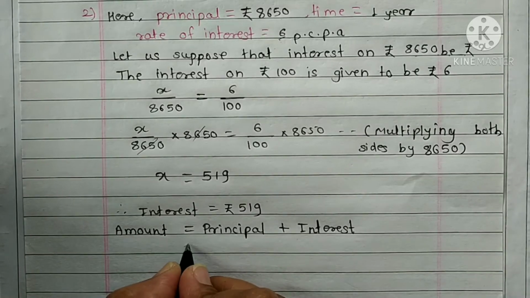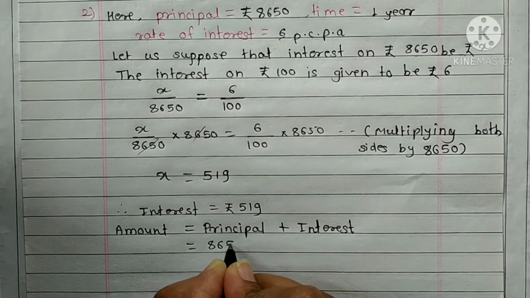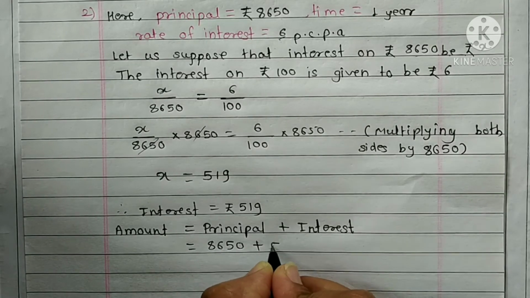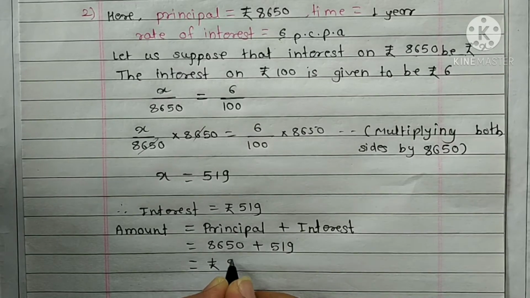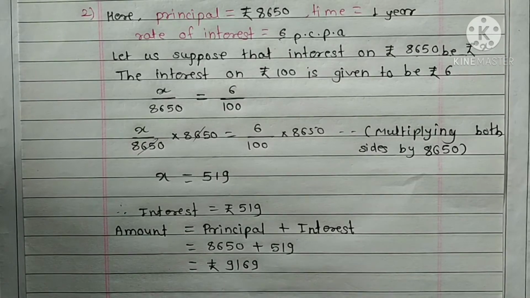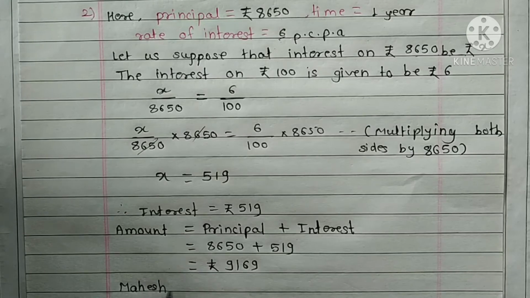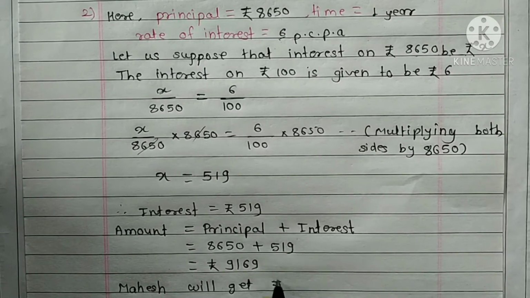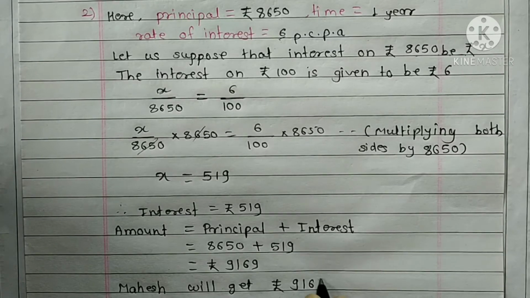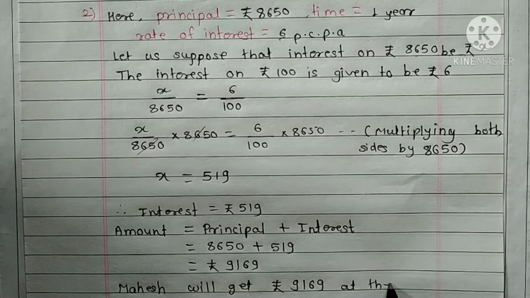Now substitute values. Principal is rupees 8650 plus interest is rupees 519. After addition you get rupees 9169. That means Mahesh will get rupees 9169 at the end of year.